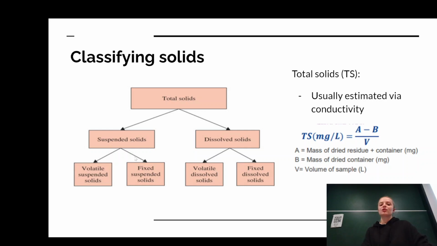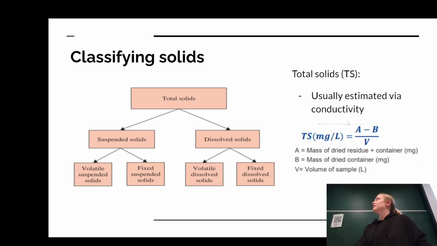So to figure out the amount of volatile versus fixed, they heat the sample up in an oven or with a certain type of paper. They measure it before and after, and then the difference is the volatile. I'm going to go into these definitions in a little bit.